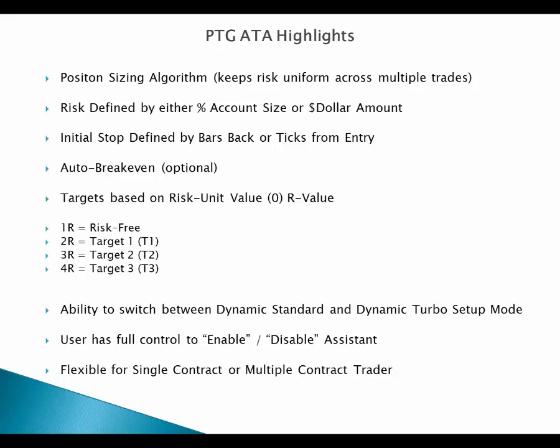If price is in a range type condition, it may be prudent for the trader to disable the ATA assistant. So the user has full control over when to turn it on and when to turn it off, just like the high frequency algorithms out there, for those traders that work on those.